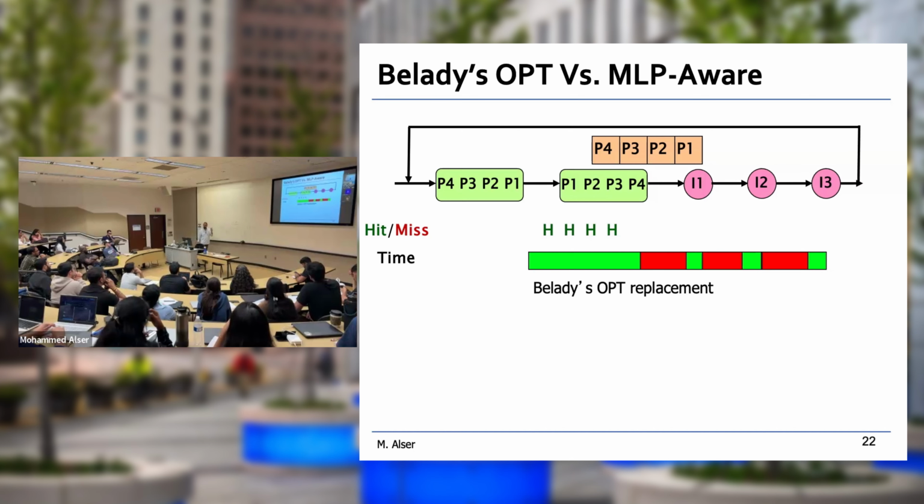Remember, to know which block is going to be requested in the future means I understood the next instructions. And in the CPU, I cannot know that. In the CPU, I only have a program counter that's pointing to one instruction.